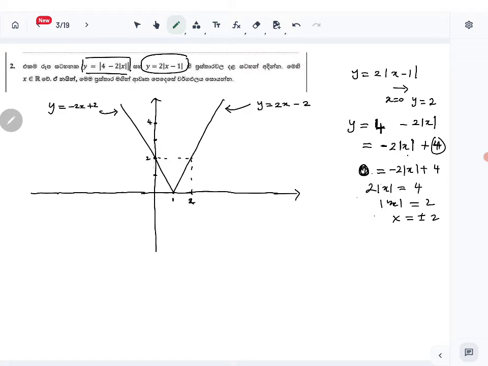So let's mark minus 2. Let me draw it with a different color.